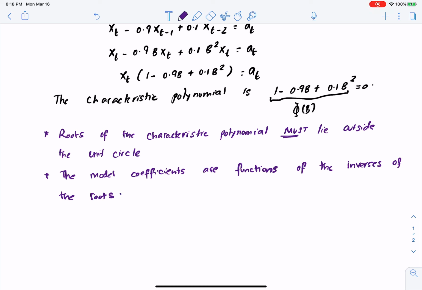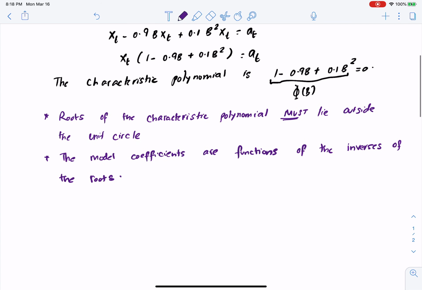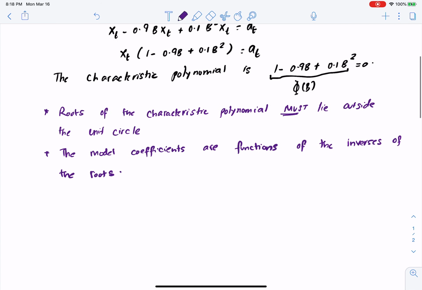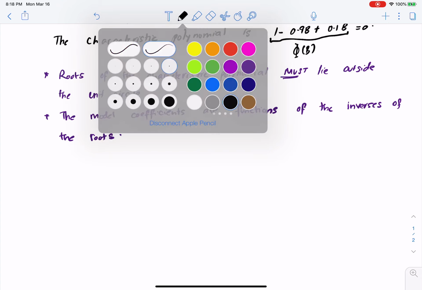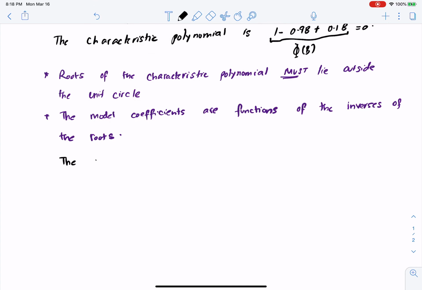So that said, let's find the roots of this characteristic polynomial, then we could find a general form for rho k. So the characteristic polynomial is 1 − 0.9B + 0.1B squared equals 0.